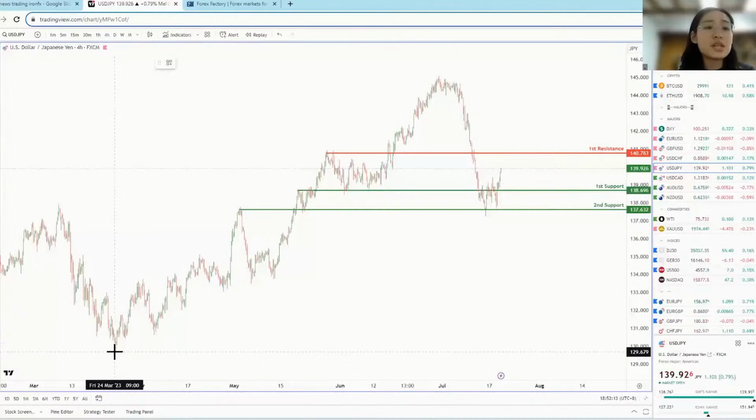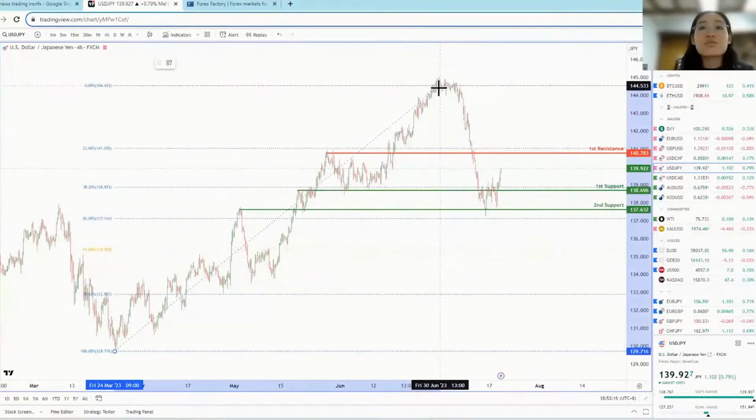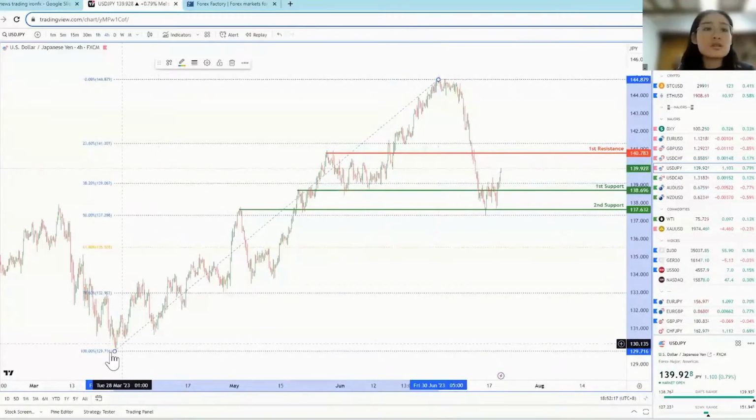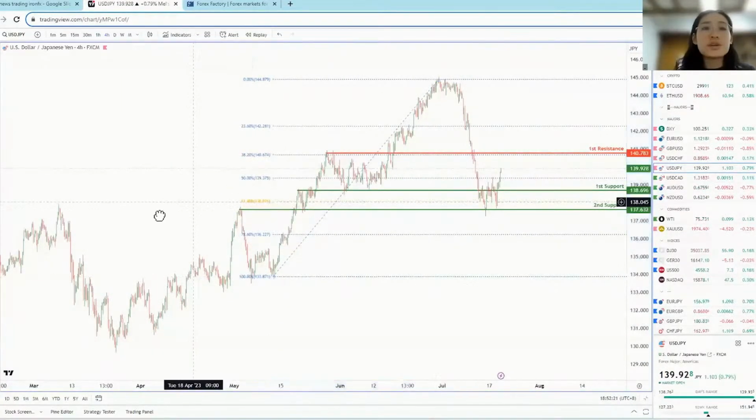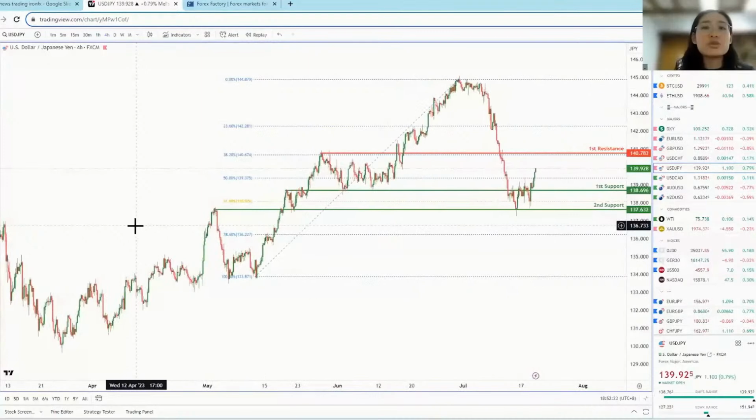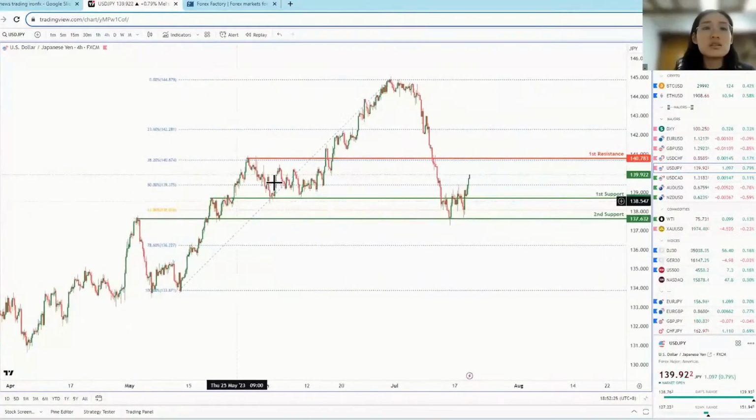Okay, maybe here. Okay, we have the 38.2. That lines up nicely with my first resistance.